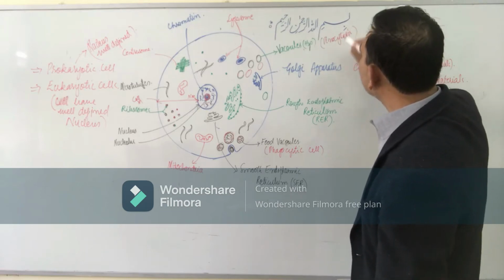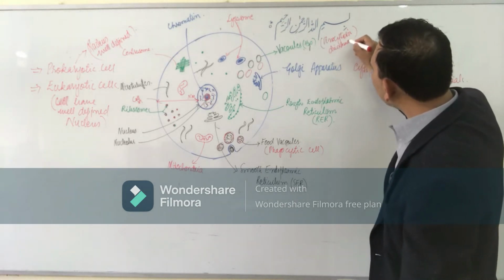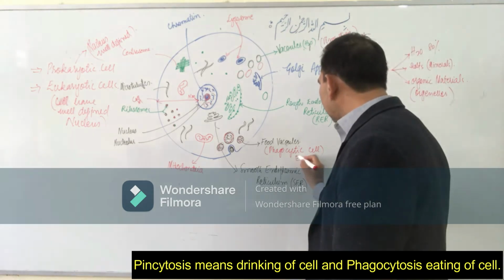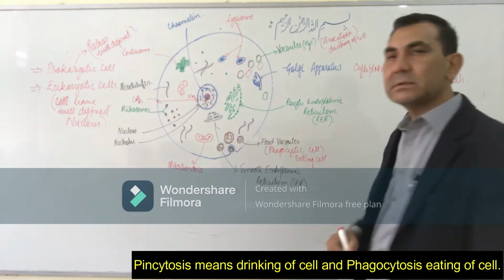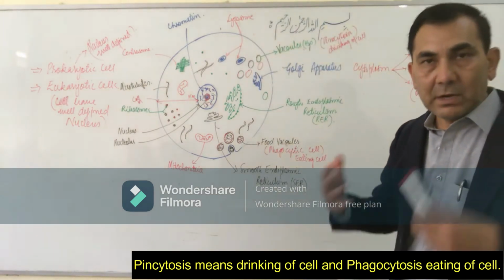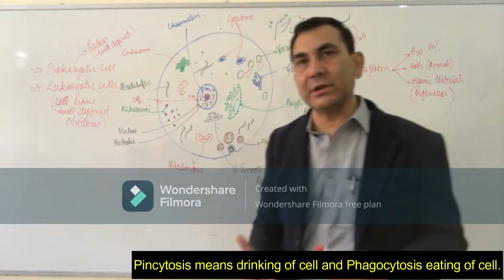Pinocytosis means the drinking of the cell. It is called the drinking of the cell, and phagocytosis is the eating of the cell. Just like in a living body, we eat food and we also drink water.